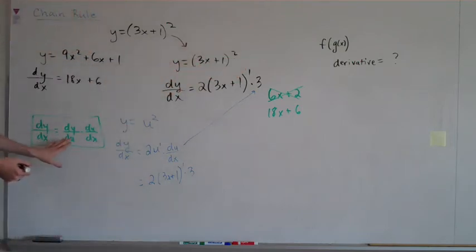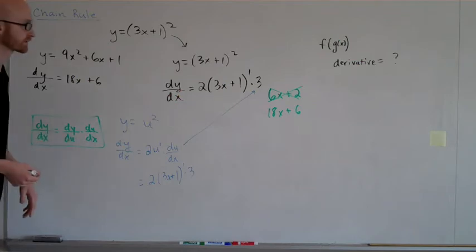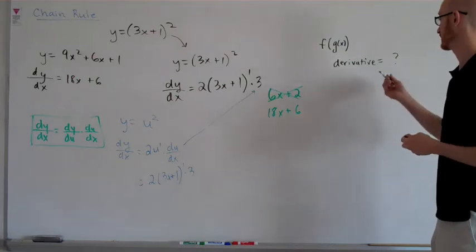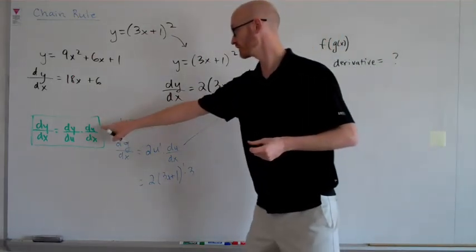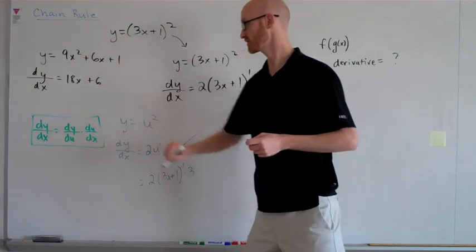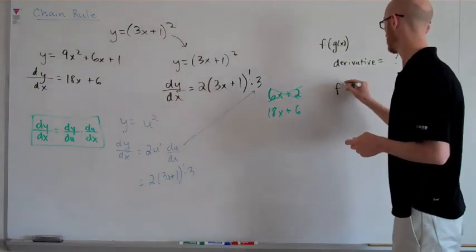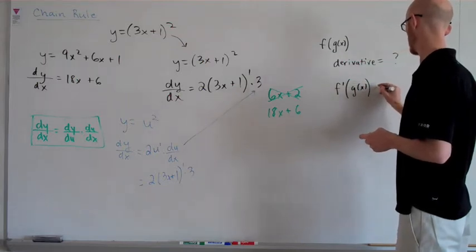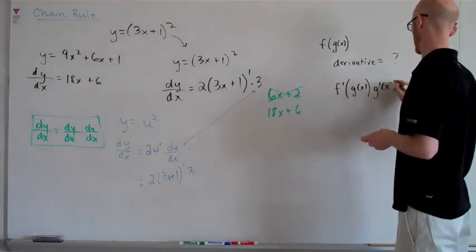So dy dx is equal to dy du times du dx. In terms of this functional notation f of g of x, we could equivalently write that expression as f prime of g of x times g prime of x.